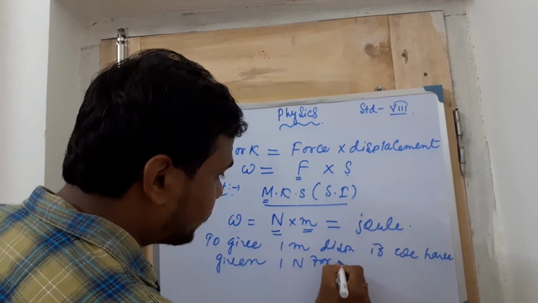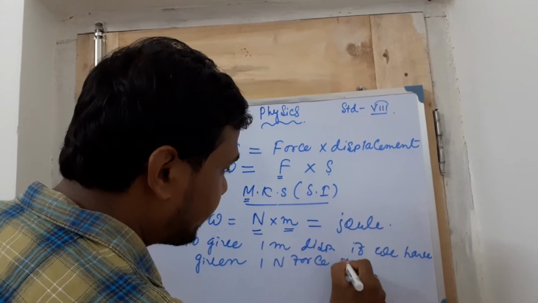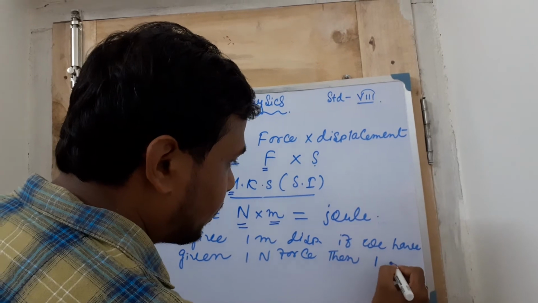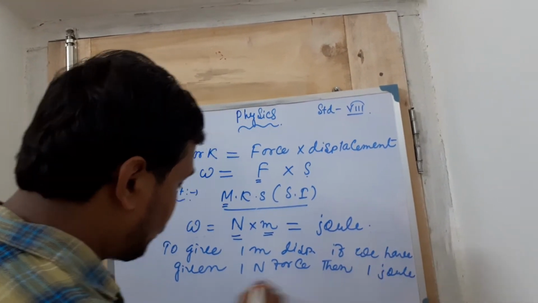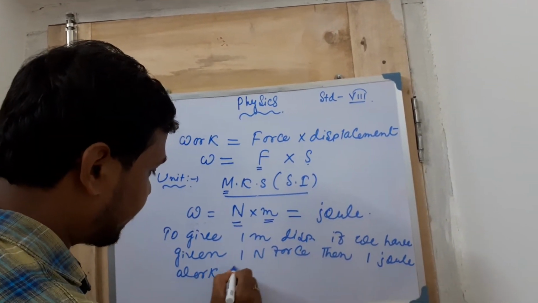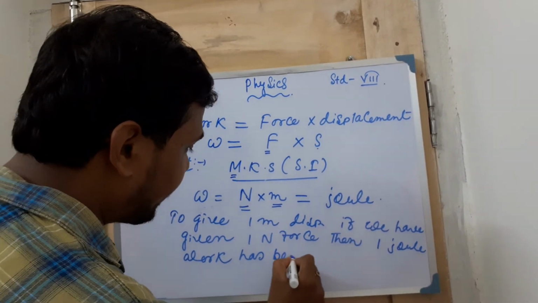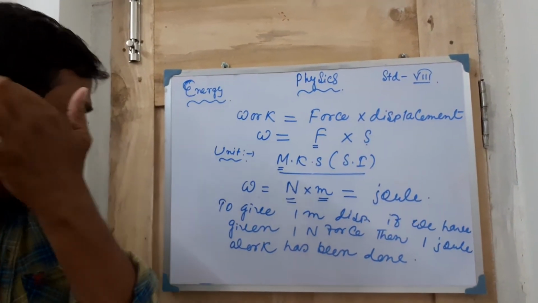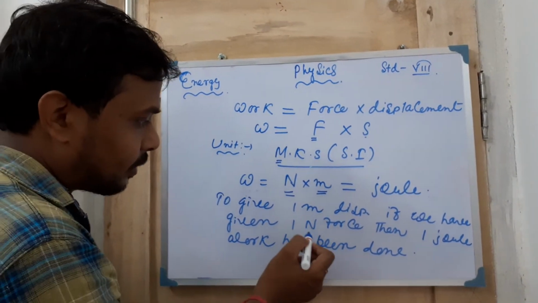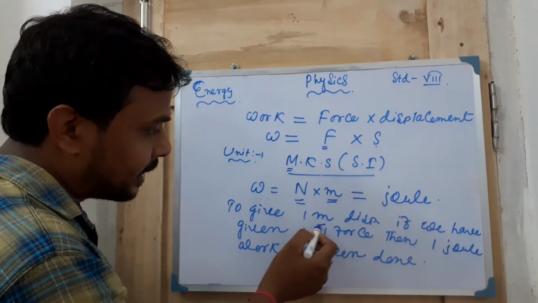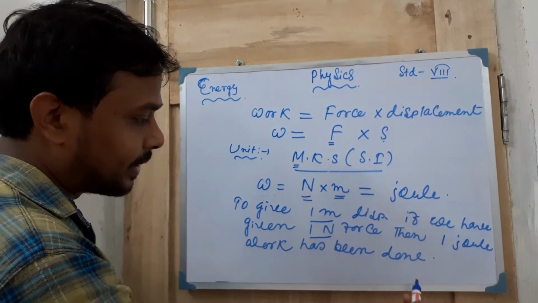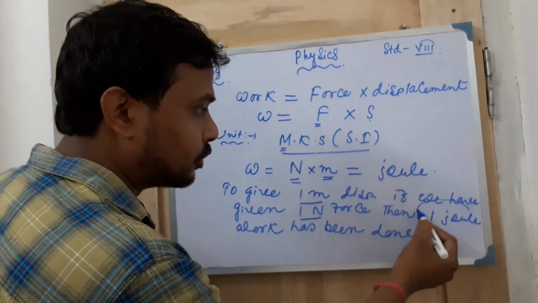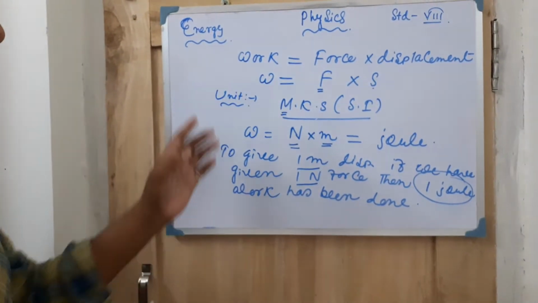Whenever we give 1 Newton force to give 1 meter displacement to a body, we have done 1 joule of work. So this is the unit.